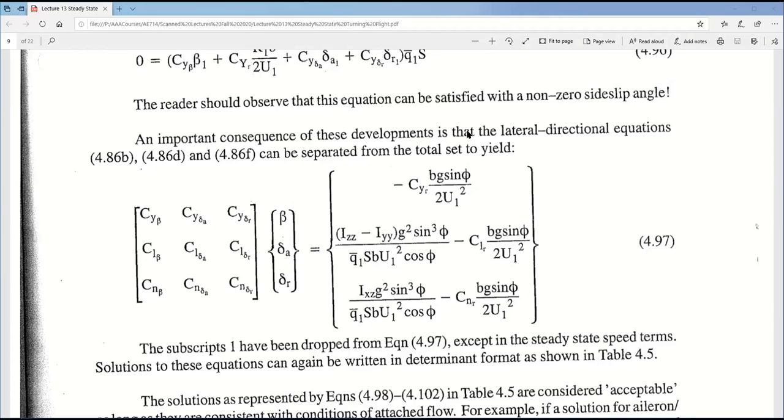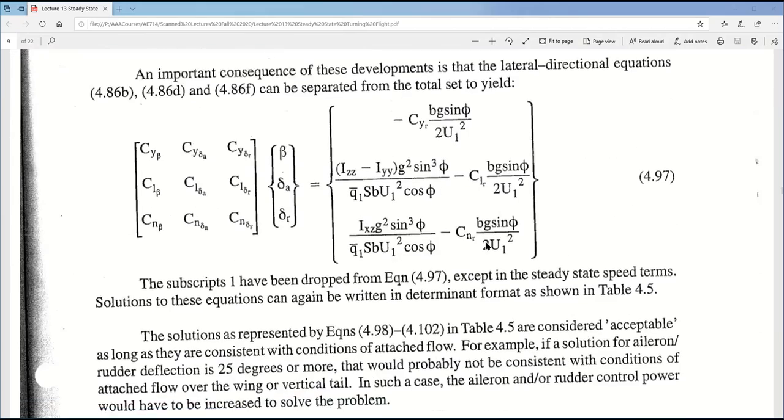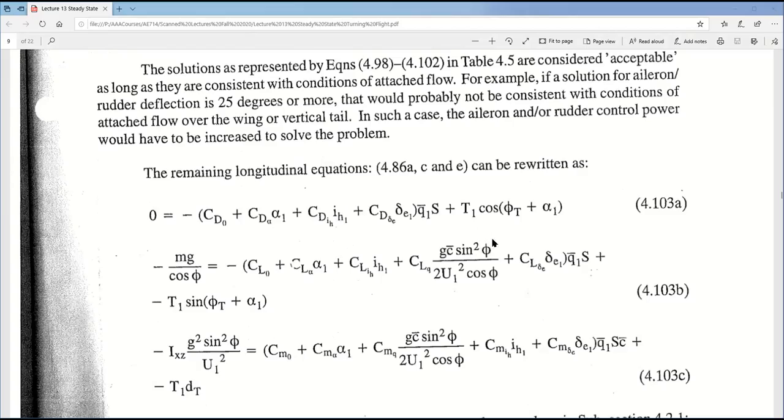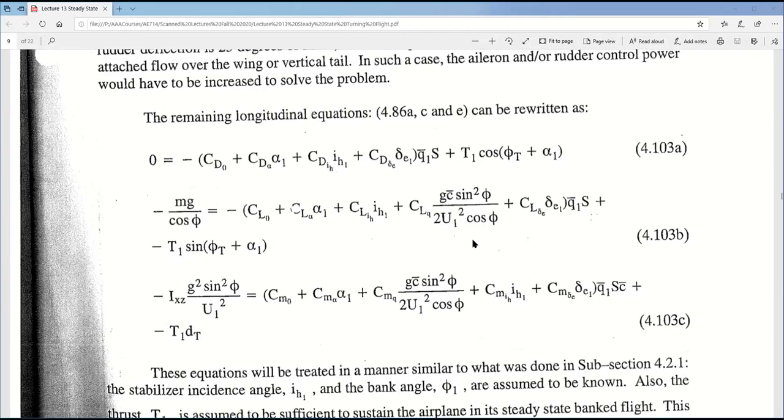We need to solve for alpha, elevator, and thrust. So here's the second set of 3 of the 6 degrees of freedom. We have the drag equation, the lift equation, and the pitching moment equation.